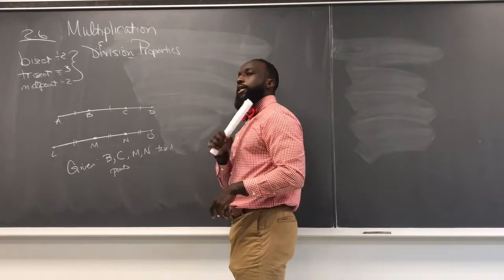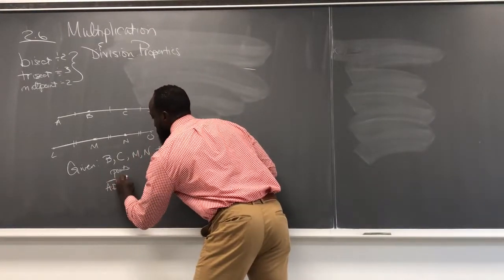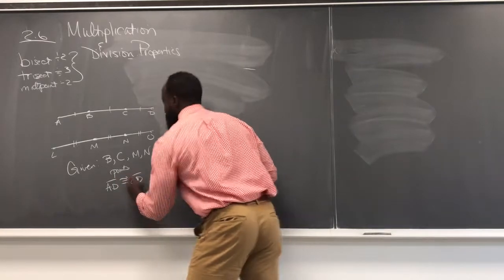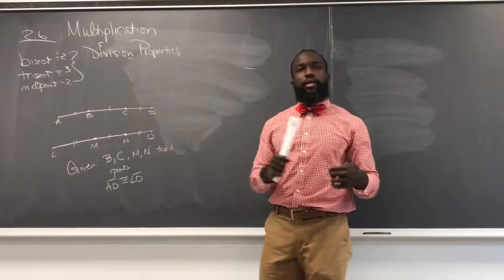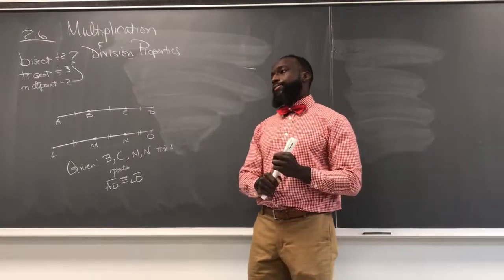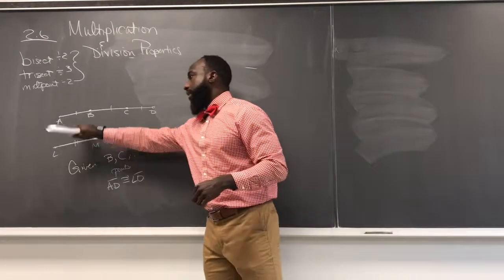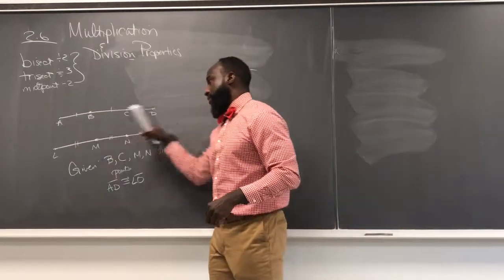Now, in your given, what if they said that AD was congruent to LO? Now, how do you change the information that you have here in these two pictures? What can you say? So, like we said, these are congruent, and we said these are congruent.